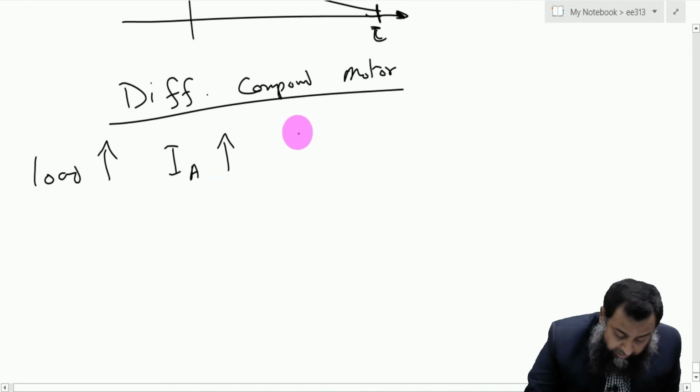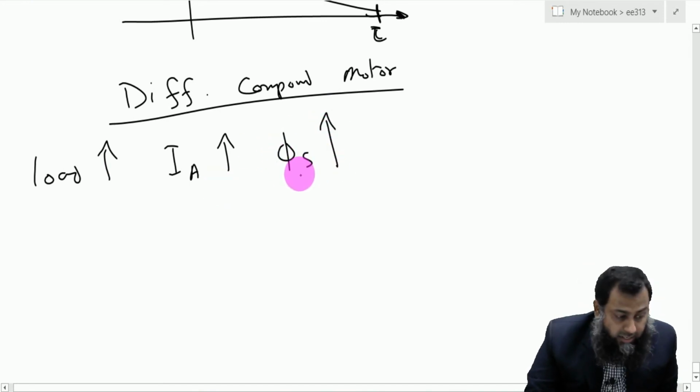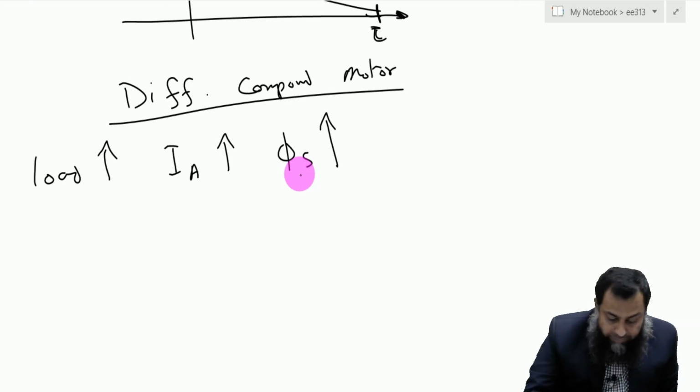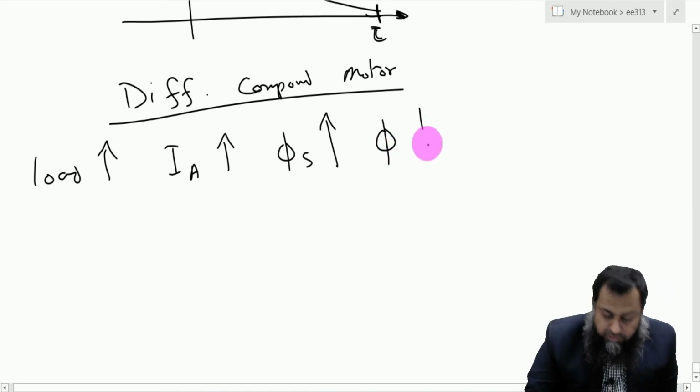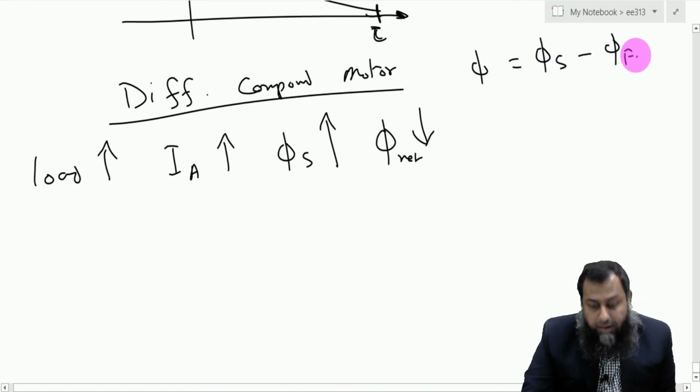Now as Ia increases, the flux due to the series winding increases. As the flux of the series winding is increased, the net flux actually decreases, because the net flux is now a difference of the series and the shunt field windings. This net flux has decreased.